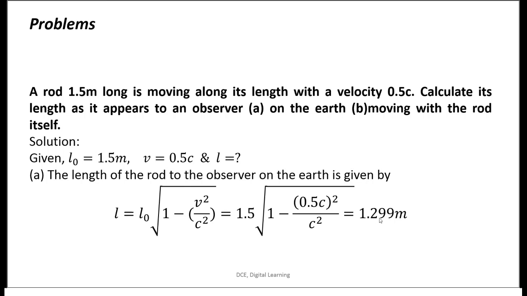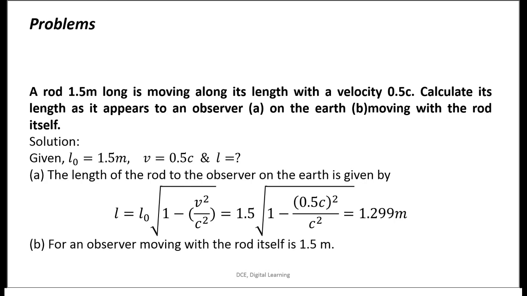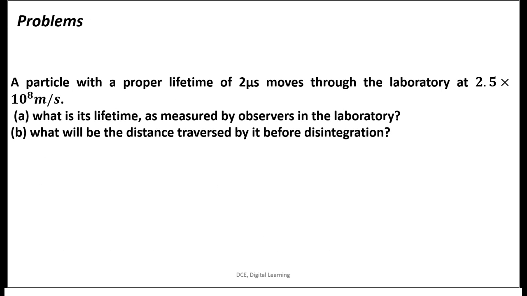That seems to be contracted. The length has decreased. For an observer moving with the rod itself, it is 1.5 meter because he is at rest with respect to that rod, so he finds its length equal to 1.5 meter.